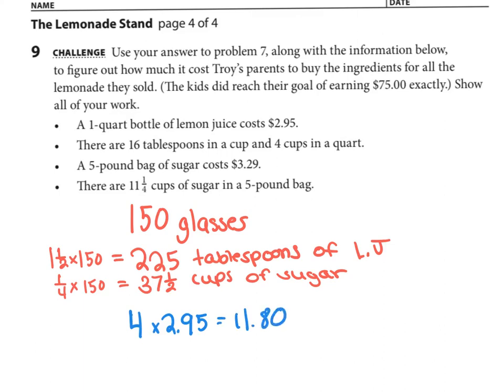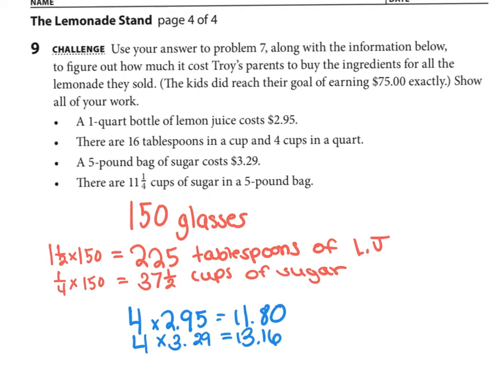And then they need 37.5 cups of sugar, and a 5-pound bag of sugar costs $3.29. 11 1/4 cups are in that 5-pound bag. They're going to need 4 5-pound bags of sugar. Whew, that's a lot of sugar. So 4 times $3.29 equals $13.16.